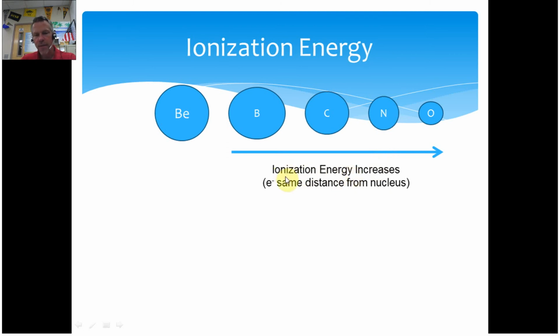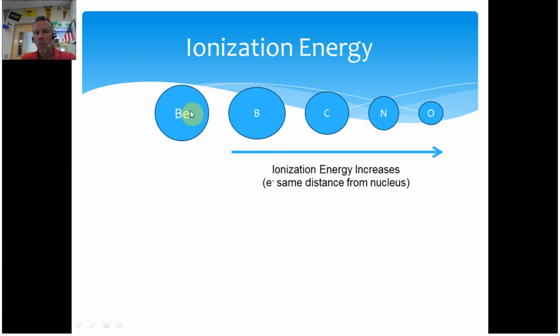Now, the reason this happens is because those electrons that are in clouds surrounding each nucleus are the same distance from the nucleus as you move across. There's not a new electron orbit, like you get when you move down the table. As you move across, you're filling up the same orbit. So the electrons are the same distance from the nucleus as you move from here to here to here.